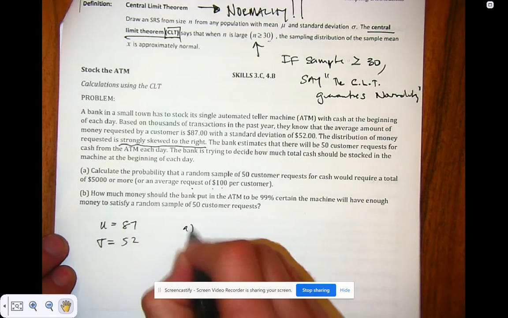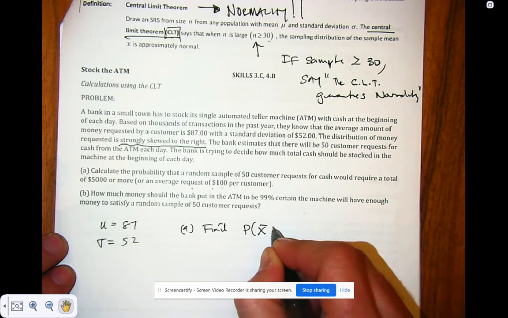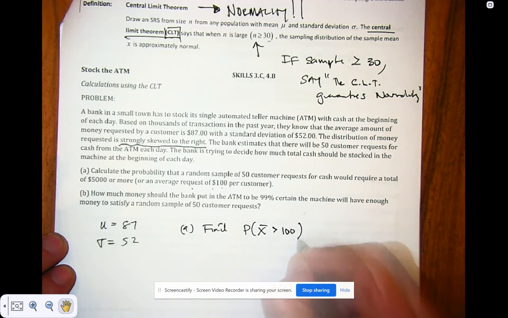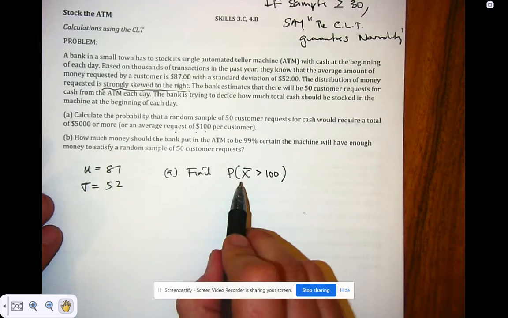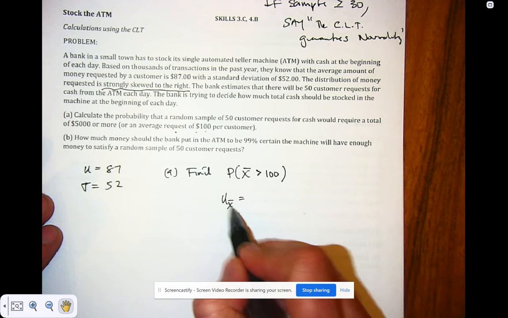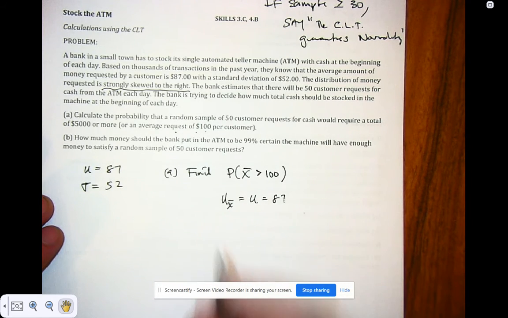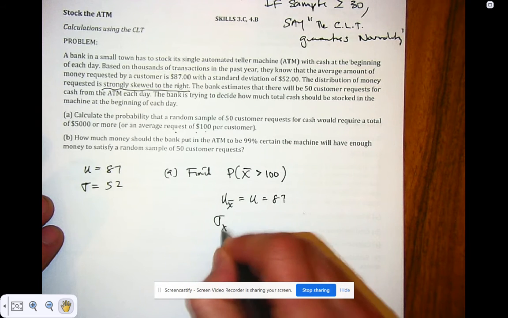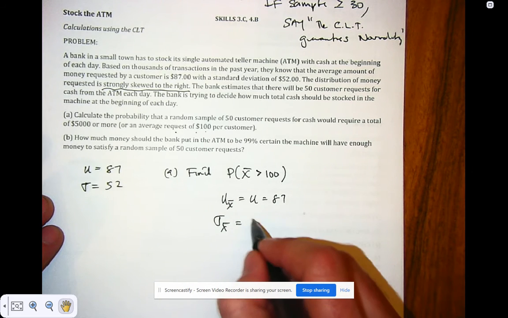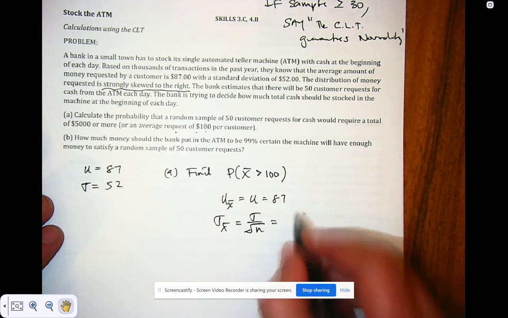So we're trying to find the probability that X bar is greater than 100. The only way we can do this is if we have a mean. The mean of your sample is just equal to the population mean, which is 87. The standard deviation of your sample, by definition, is the population standard deviation over the square root of your sample size.